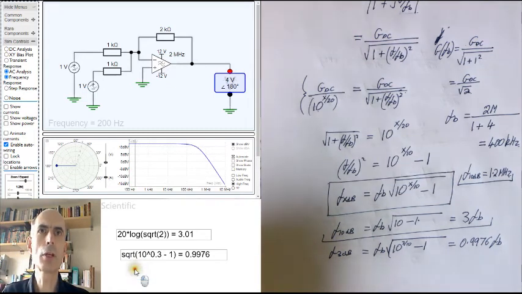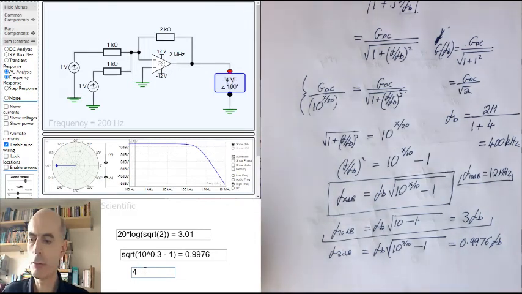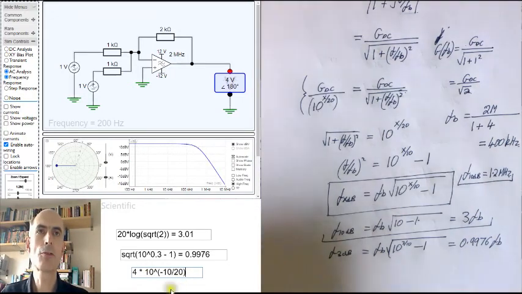We would be expecting it to be 10 dBs below 4 volts, so that would be 4 times 10 to the power of minus 10 over 20. That's 10 dBs below 4 volts, or 1.265 volts.